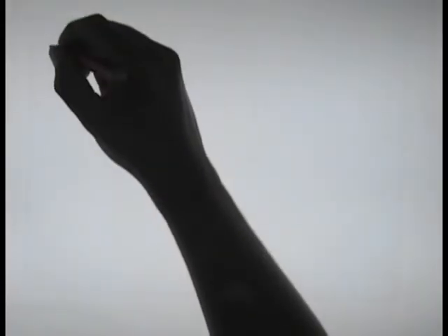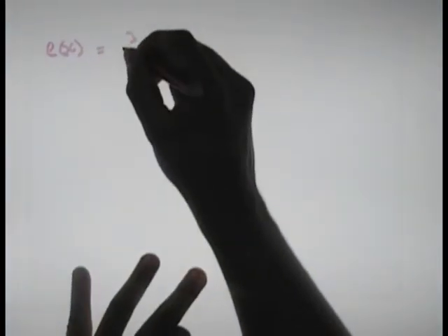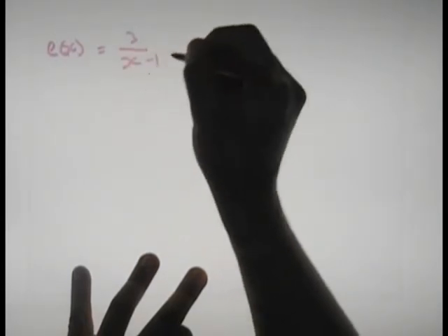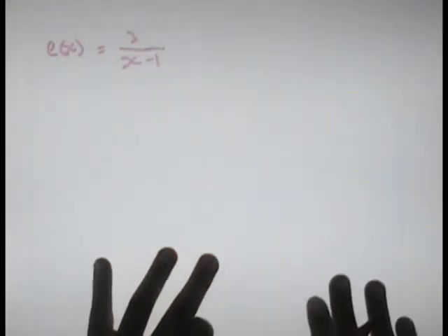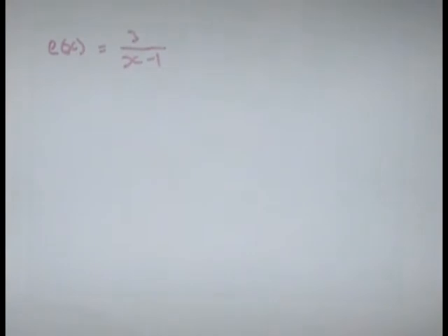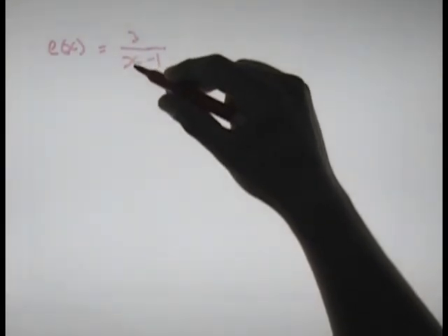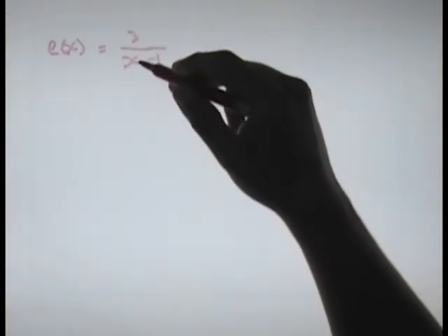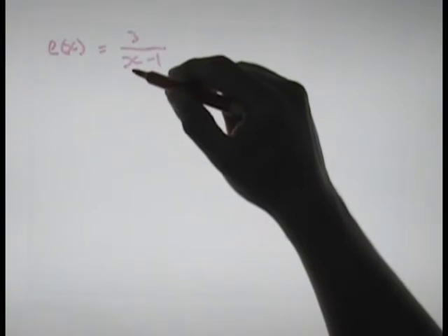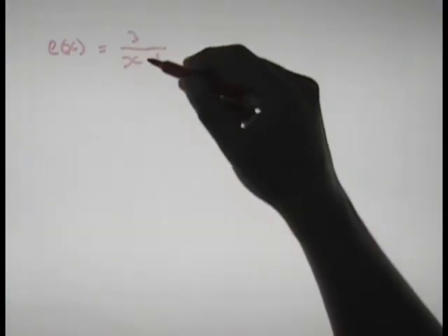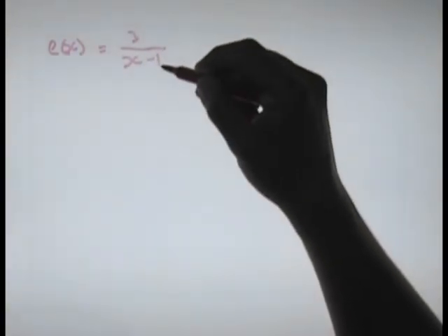The next one I gave you to do read e of x is equal to 3 over x minus 1. This is an interesting one. The problem with this is that my numerator, sorry, my denominator, x can equal 0, which will make my denominator negative 1.